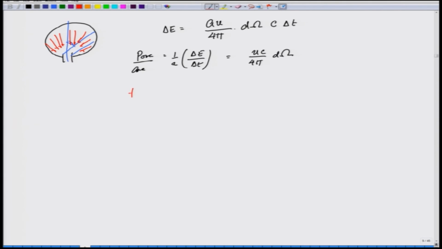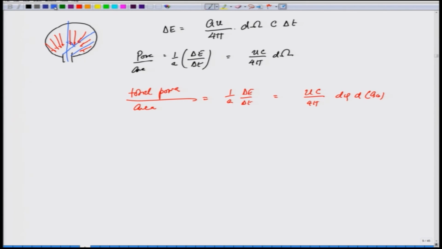So, total power per unit area is going to be 1 over A delta E over delta t integrated over the whole thing, u c over 4 pi cosine theta d omega, where d omega is d phi d cosine of theta.